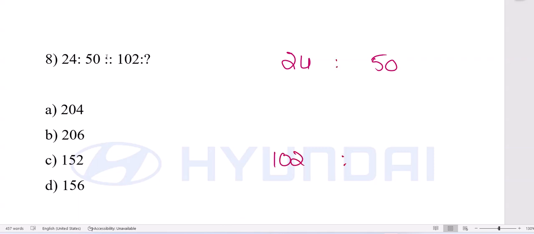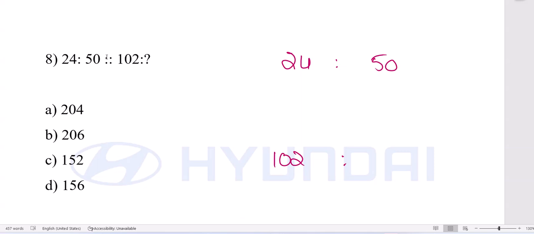Some people say 24 is 5 square minus 1, 50 is 7 square plus 1. That way also is correct. But 1 or 2 is 10 square plus 2. It's not matching. Or else, this is 10 square plus 2, the next one is 11 square minus 2. That is also correct maybe. 10 square plus something minus something, the same number.